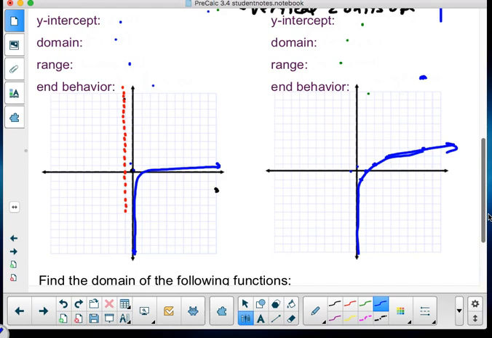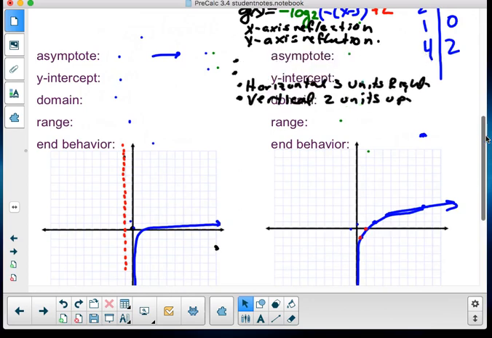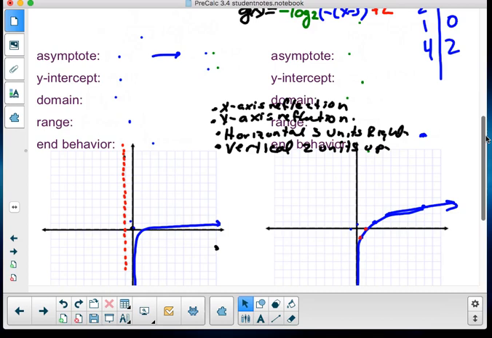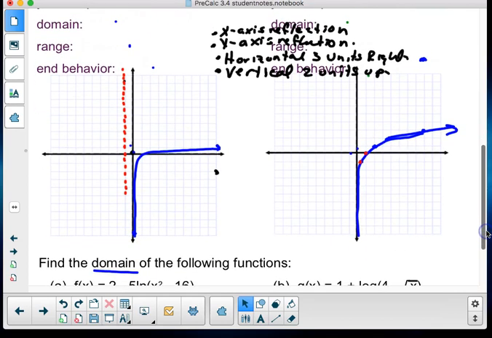Now I'm asked to graph the change to that parent function. So I'm going to put in these two first. According to our transformational directions, our rules that we just found, I'm going to bring those down so I can see them. I'm going to bring up the graph so you guys can see that instead of my back.